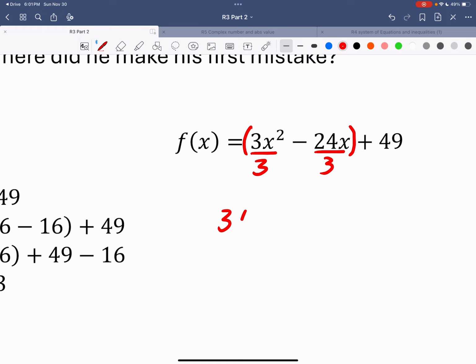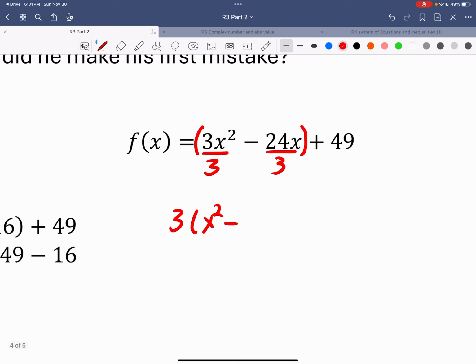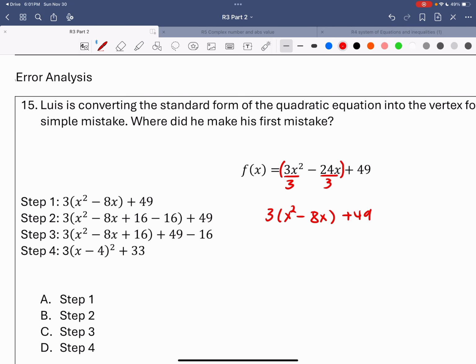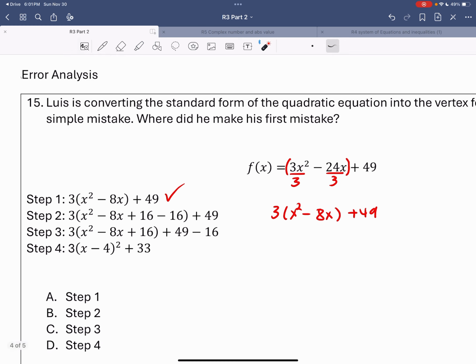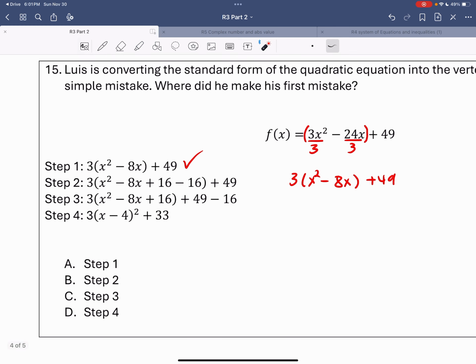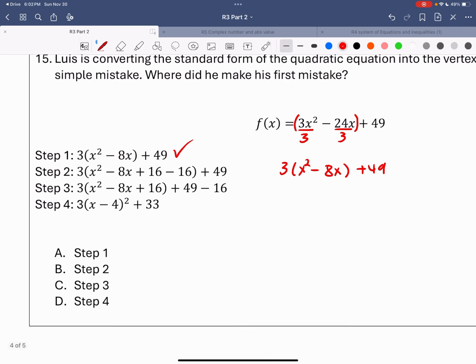So I'm going to have 3 times (x squared minus 24 divided by 3, which is 8, plus 49). So the first one is very good, so it's a check. Keep that in mind: most of the time, your first mistake happens in step number 2 or 3, sometimes 4, but in most cases 2 or 3.